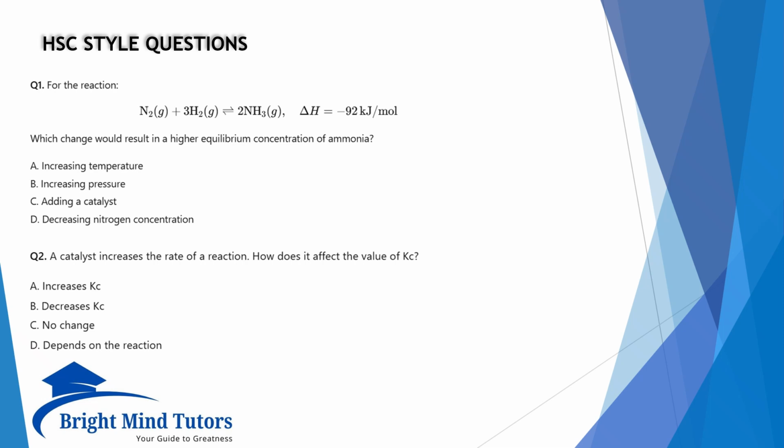The equilibrium says, oh, I'm getting rid of nitrogen. Now I need to make more and more nitrogen. So it's going to disintegrate more and more NH3 back into N2. The only option left is B, increasing the pressure. Okay, this one without any explanation, we know the catalyst does not have any effect on Kc, no change.